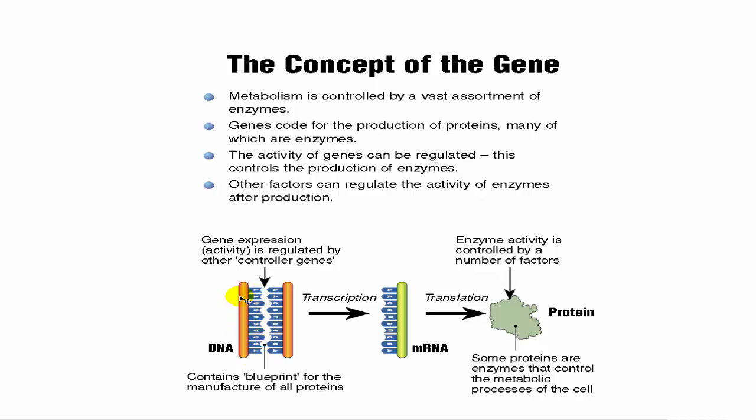DNA, of course, consists of rungs of a ladder that are held together by hydrogen bonds. These rungs of the ladder are basically nitrogenous bases. The nitrogenous base thymine is always paired with adenine, guanine always paired with cytosine. Along the sides of the ladder, you have a sugar phosphate, sugar phosphate, sugar phosphate, sugar phosphate.